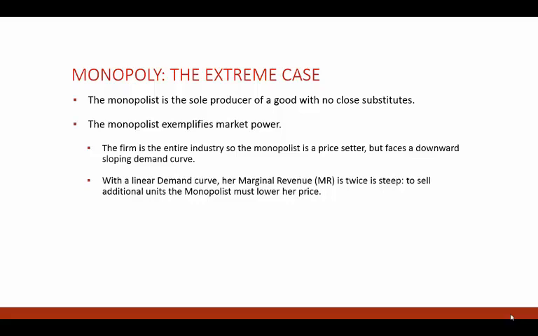However, because as a firm she faces the same downward sloping demand curve, the only way she can sell additional units of her product would be to lower the price on all units she sells. This results in her marginal revenue being lower than her demand curve beyond the first unit.